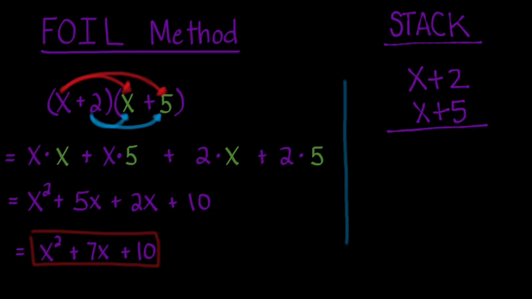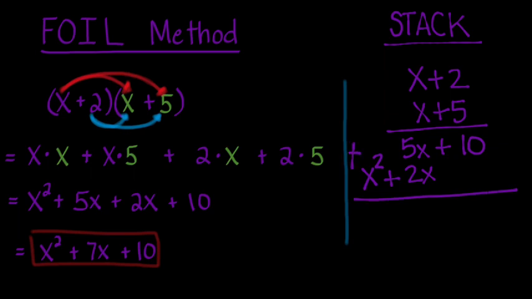So I'd go 2 times 5 is 10. 5 times x is 5x. X times 2 is 2x. And x times x is x squared. And then I just add them up like I would a normal multiplication. The nice thing about this one is that it puts them in the right grouping to be combined.